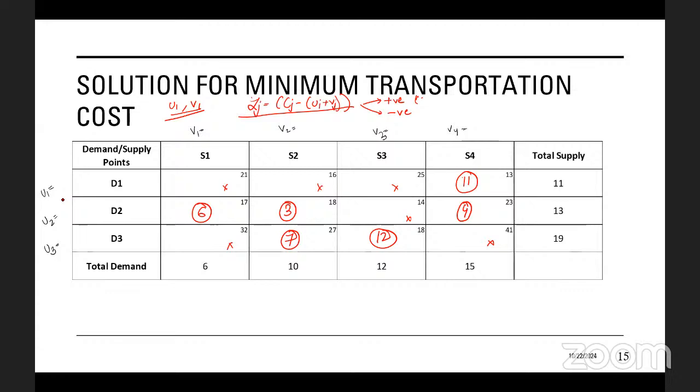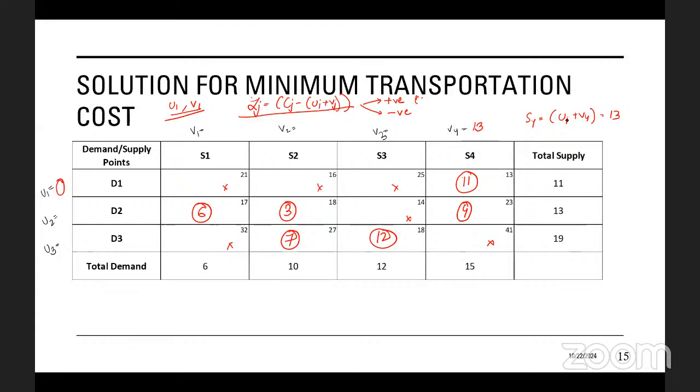If we consider u1 for D1 to be 0, then for S4 the value would be u1 plus v4. The cost of D1S4 is 13, so u1 plus v4 has to be 13.